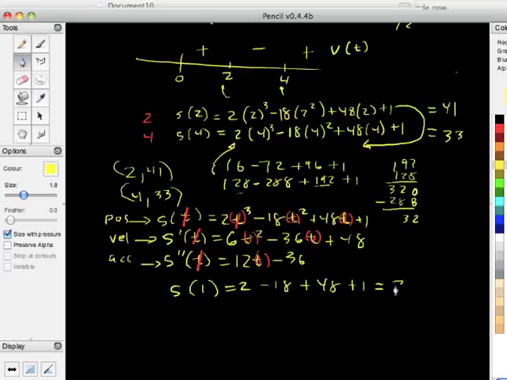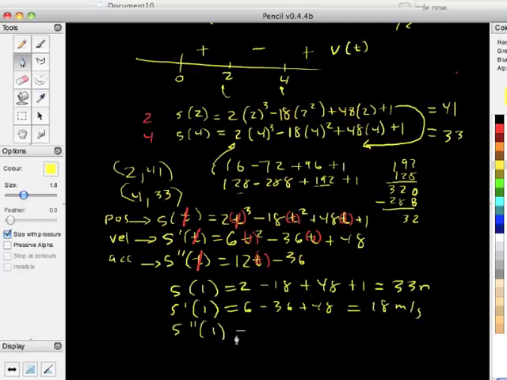This is 33 meters. s prime of 1 is 6 times 1 squared is 6. 6 minus 36 plus 48. So 48 plus 6 is 54, minus 36 is 18. 18 meters per second. s double prime of 1 is equal to, well, that's easy, 12 minus 36 is negative 24 meters per second squared.